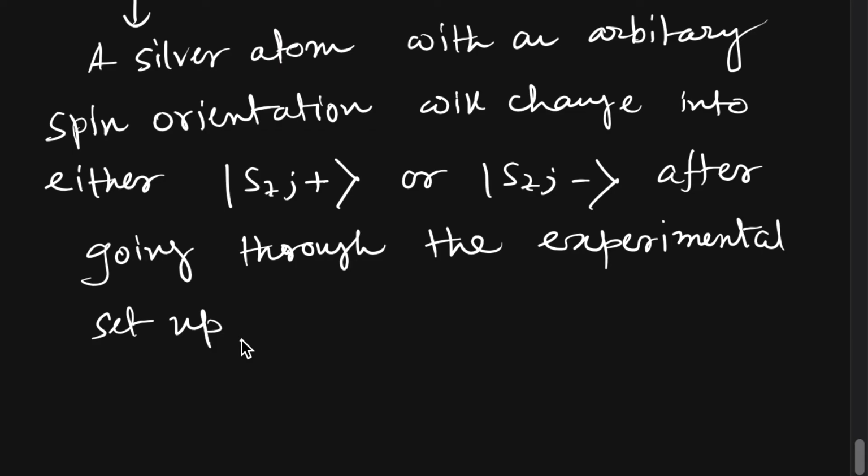So if we want to measure the orientation of the spin of the Ag atom, that measurement always changes the state of that atom into either the direction of the magnetic field or the opposite direction. So from this experiment we can see that the measurement actually changes the state.